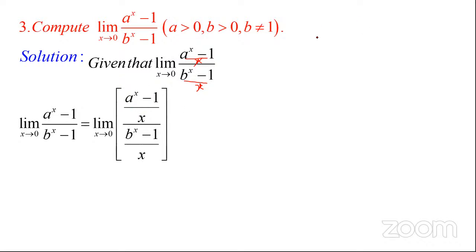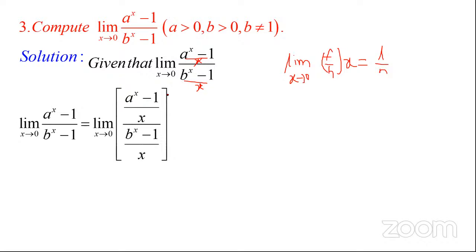So in the formula for the limit of f of x by h of x, the last formula, the limit of f of x by h of x is the limit of f of x by the limit of h of x.